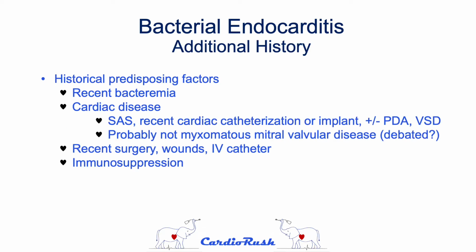Recent bacteremia or a recent surgical event or recent placement of an IV catheter may be noted. And immunosuppression or prior cardiac disease may be part of the history. It seems that myxomatous mitral valve disease probably is not a main predisposing factor for development of bacterial endocarditis.